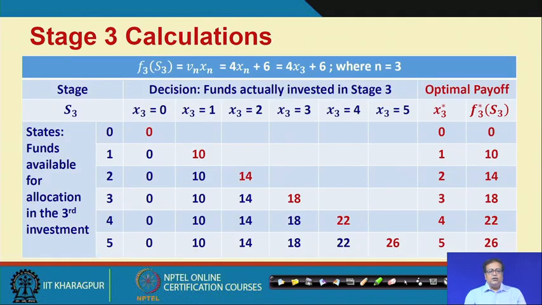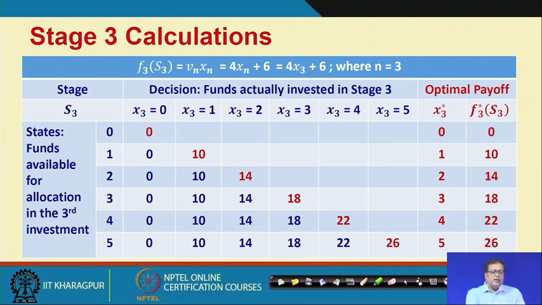We start with the stage 3 calculations. At stage 3, F3(S3), the investment that you make, will be V3(x3) equal to 4 x3 plus 6, because that is the guiding formula for n equal to 3.